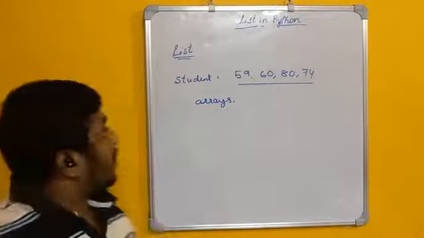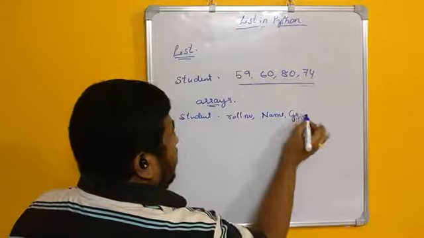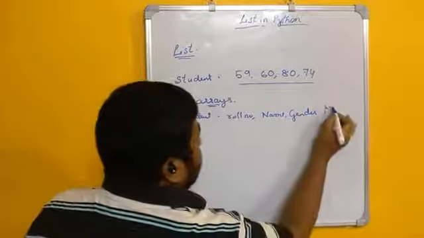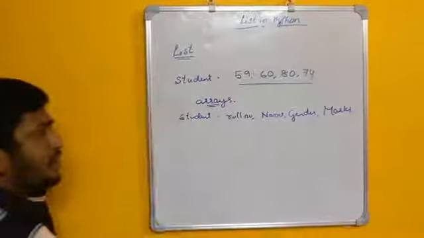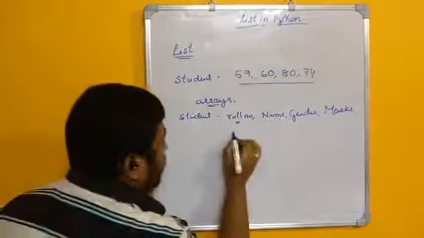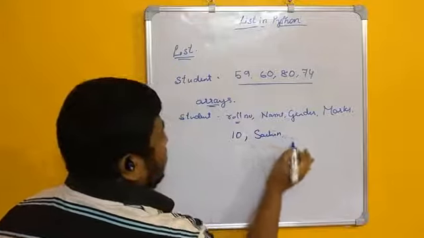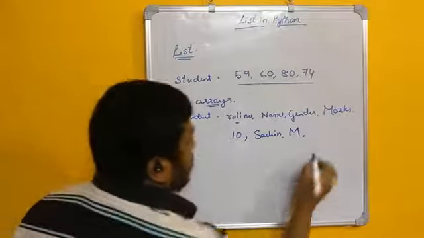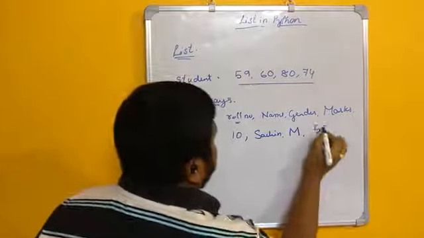But students not only have marks, they also have roll number, name, gender, marks. So see here, roll number is, say, 10, name is Sachin, gender is male, and marks is 59, 60, 80, 74.